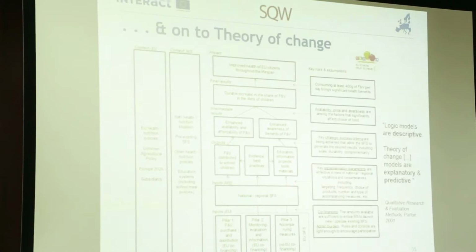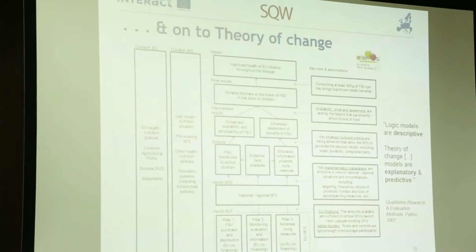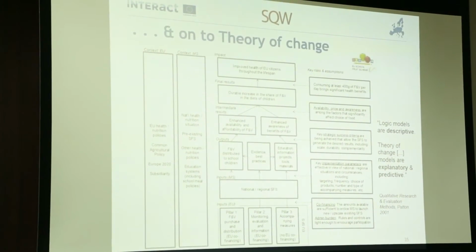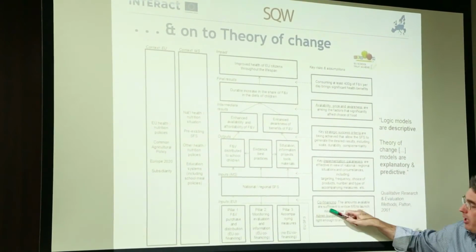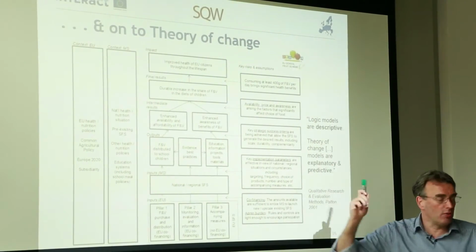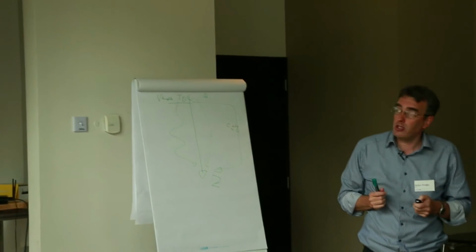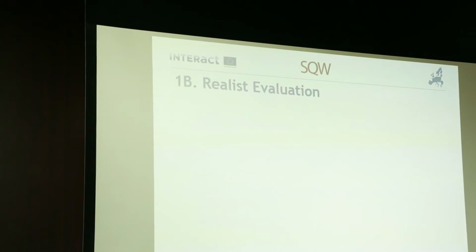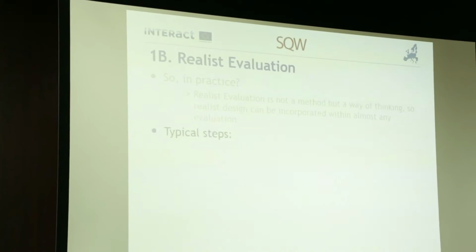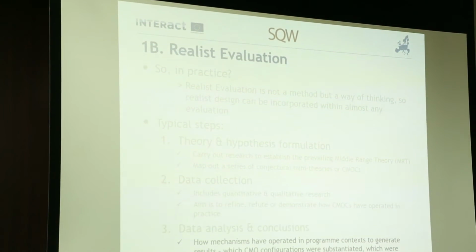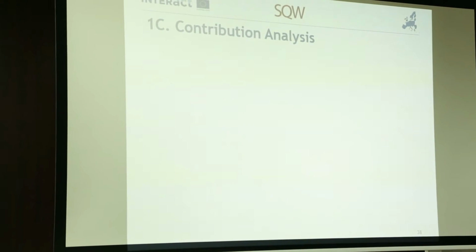Once you've got that one understood, how you can explain from here to here through here, and here to here through here, then I think you graduate onto realistic evaluation. And then I think you graduate still further onto contribution analysis.